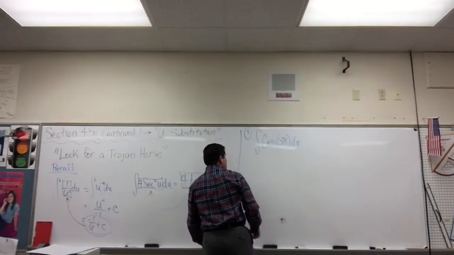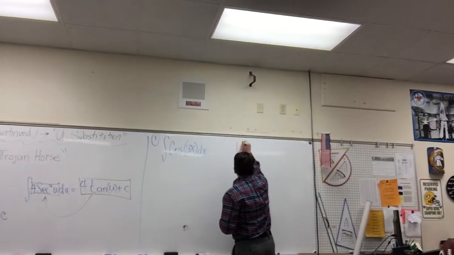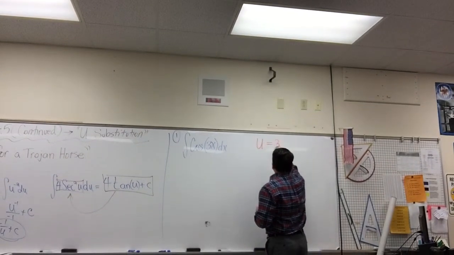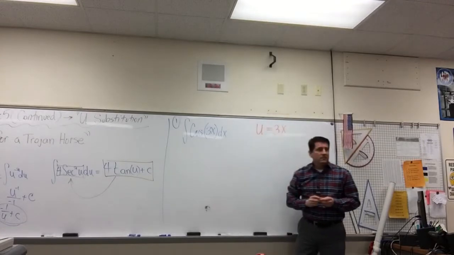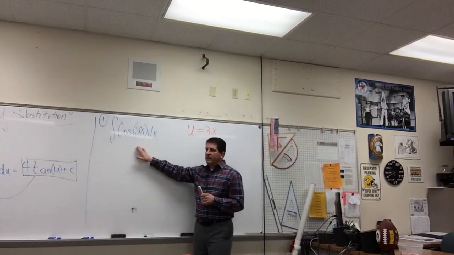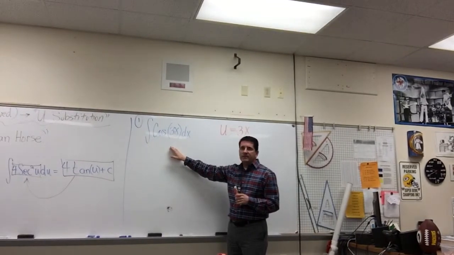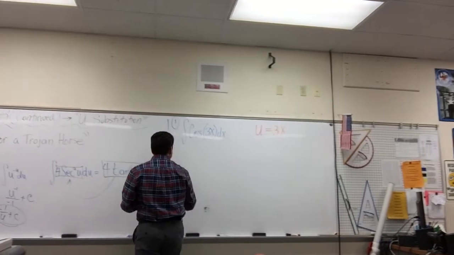So what we do is we use the Trojan horse. So we say, if I let u equal 3x, then I can rewrite this, instead of using x's, using u's. And it would become this.